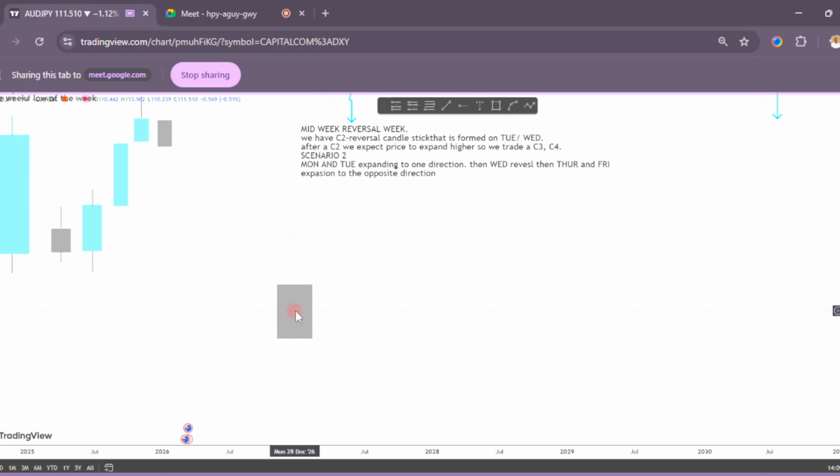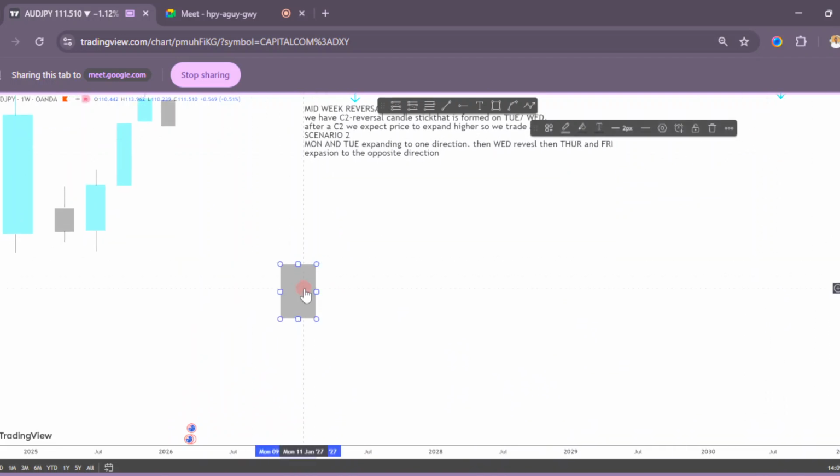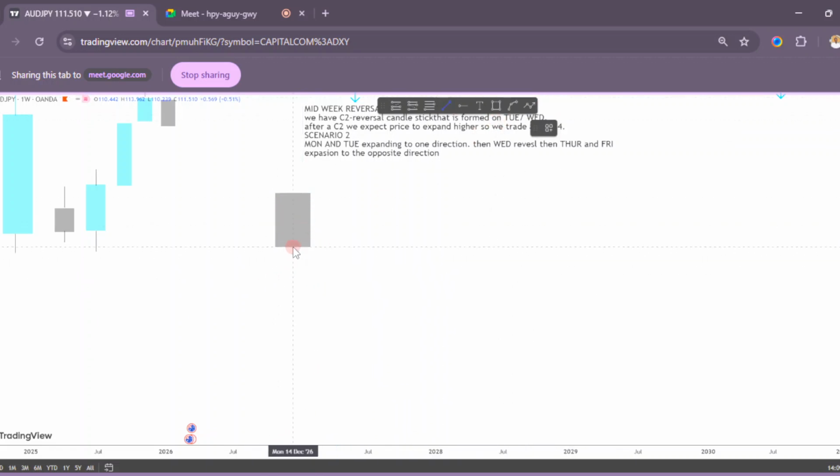Let me use a bullish example. With a very long wick on one side, something like that. I want it to be a bullish candlestick. This is a weekly candle.